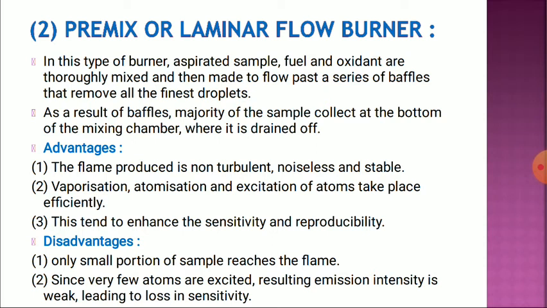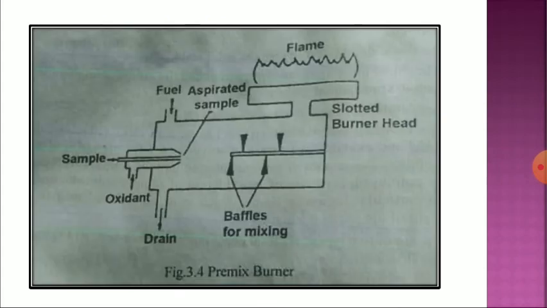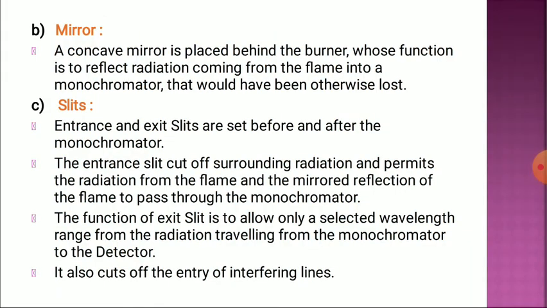Okay, this is about the first component, that is the burner. We have seen the factors affecting the flame produced by the burner, then the temperature of the flame, then two types of burners. Now we will see the second component of the flame photometer, that is the mirror.